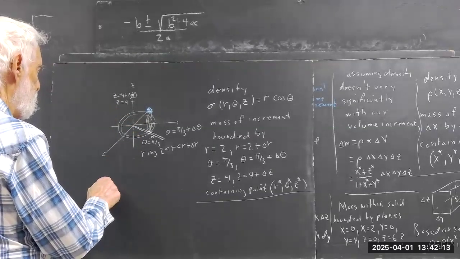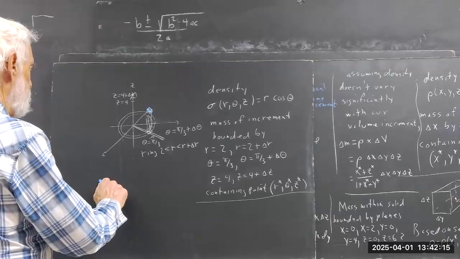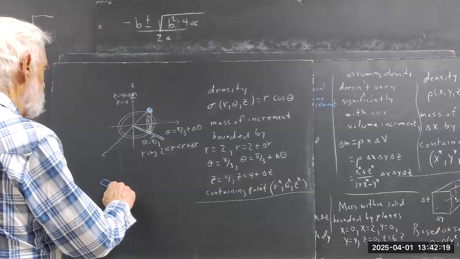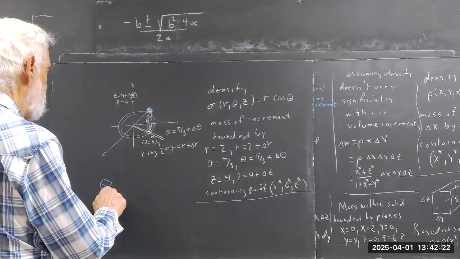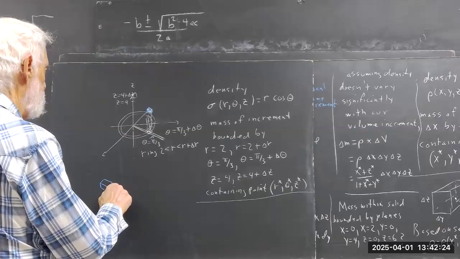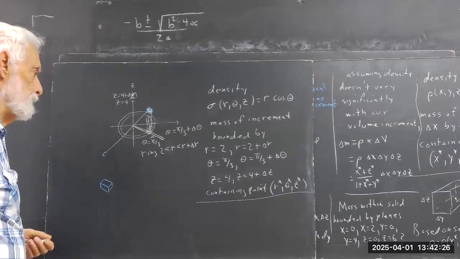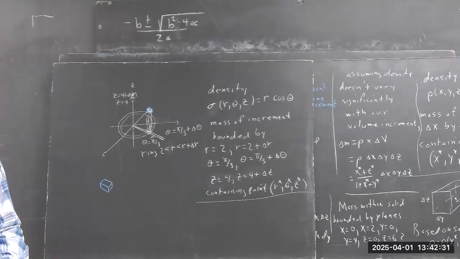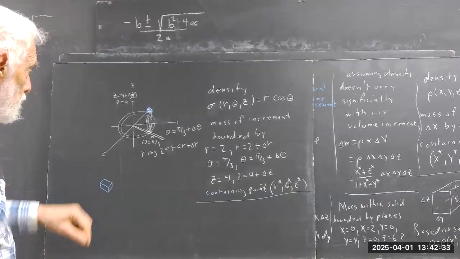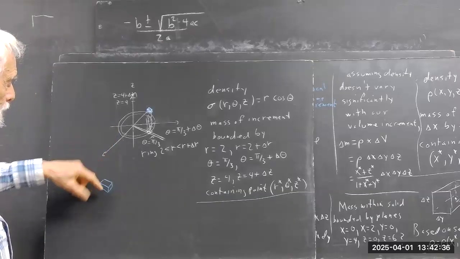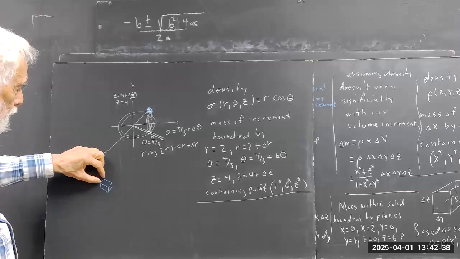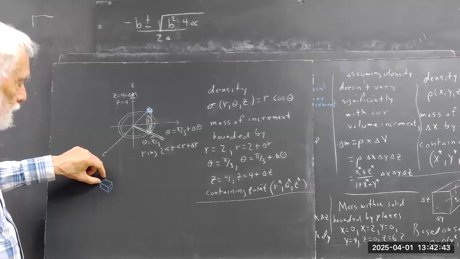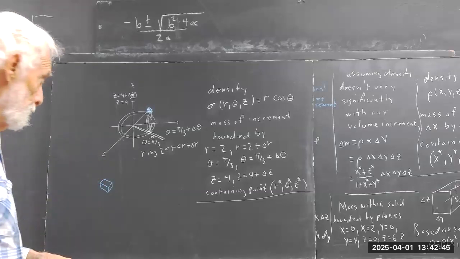Well, this thing here is pretty close to being a cube, but because of the delta theta, it's getting wider. You know, this dimension is a little bigger than this one. Okay.